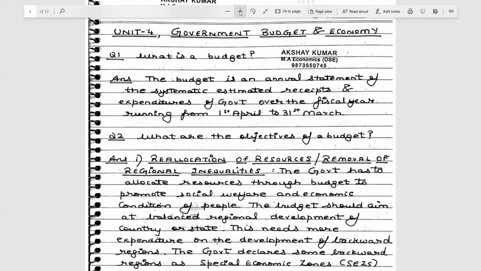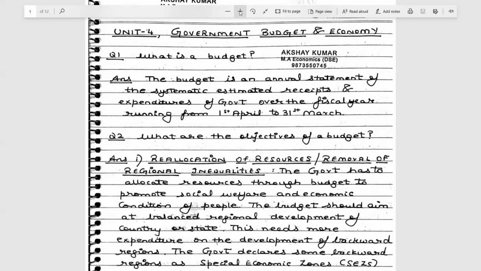Usually the financial or fiscal year of the government runs from 1st April to 31st March. But this year you must have observed that the finance minister has shifted the fiscal and the financial year. This time it did not close on 31st March because of the pandemic.